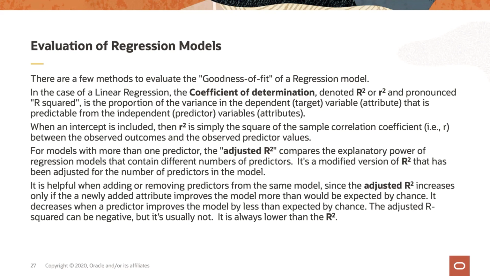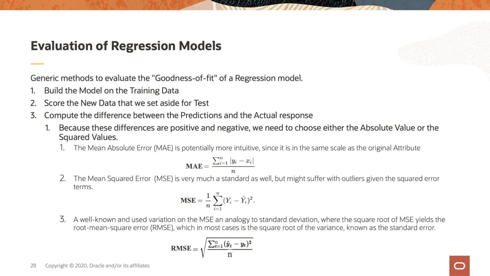Again, not all the models come out with those computations out of the box. So what we normally use to compare models more generically is looking at the quality of the predictions versus the actuals, the original values. There are many ways, but the basic one is the mean absolute error.